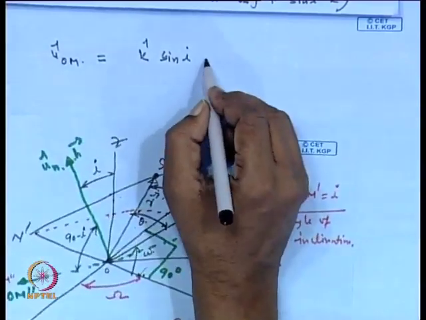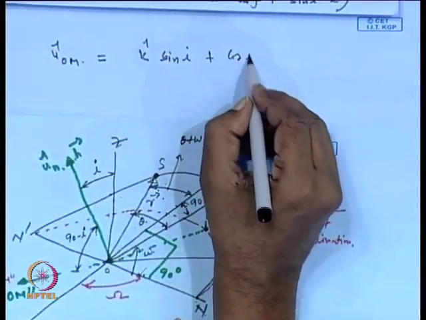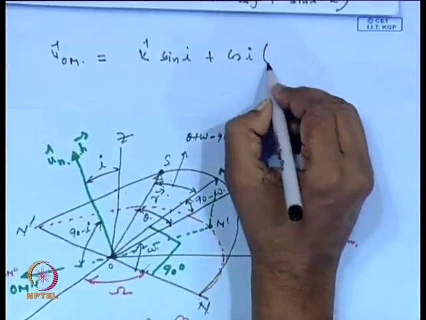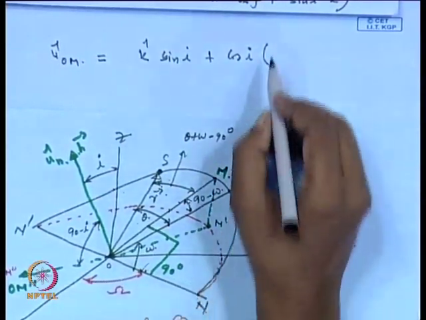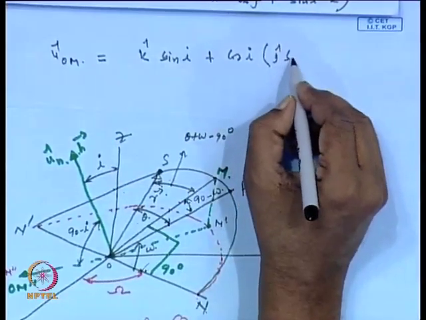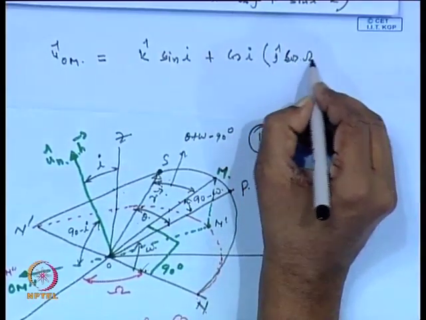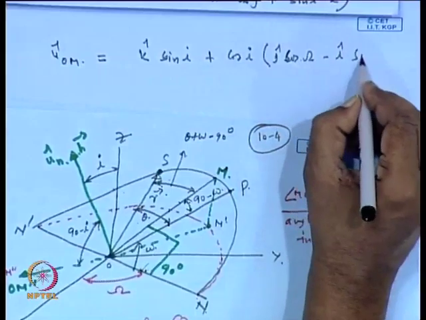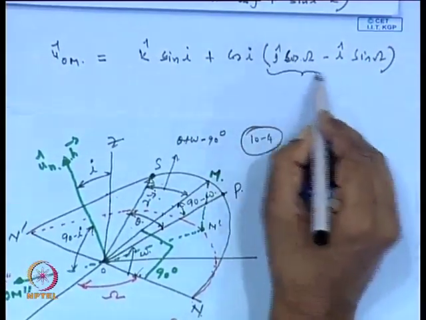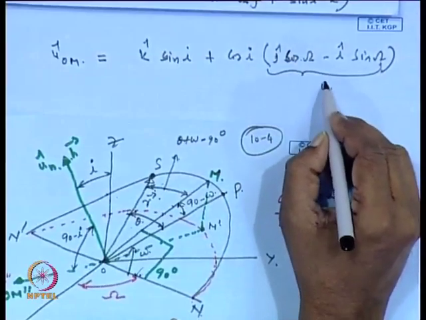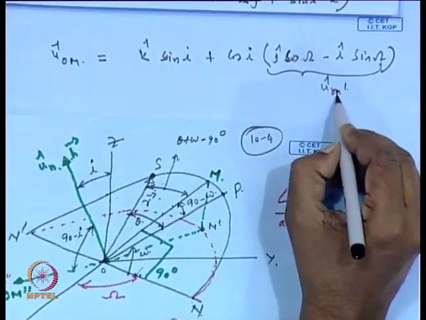Okay, so, k sin I plus cos I times the unit vector along the om prime direction. So, we already know the unit vector along the om prime direction, which is nothing but u_om prime.